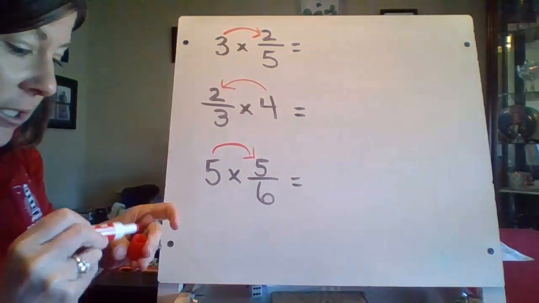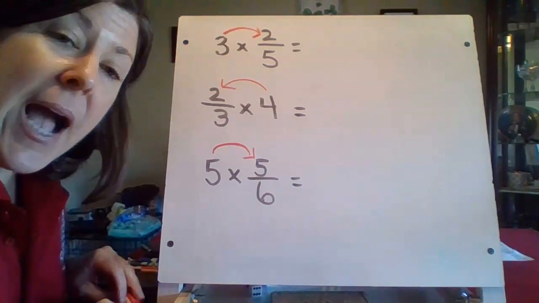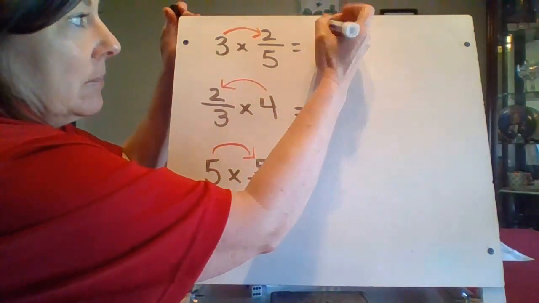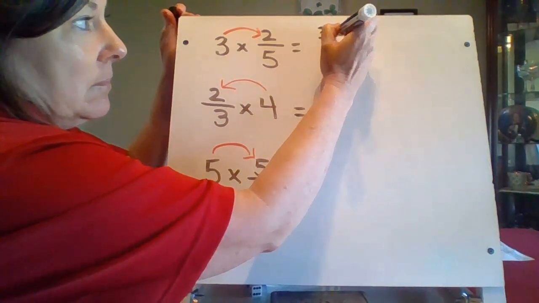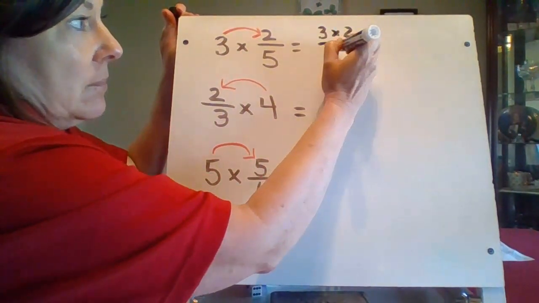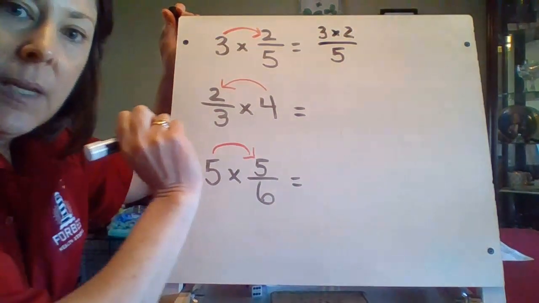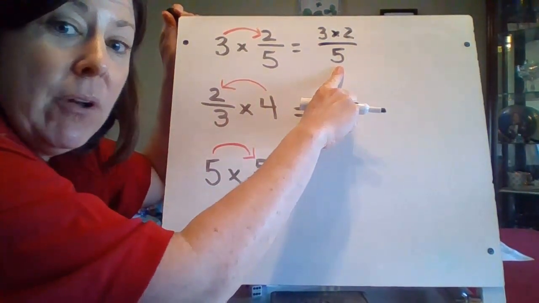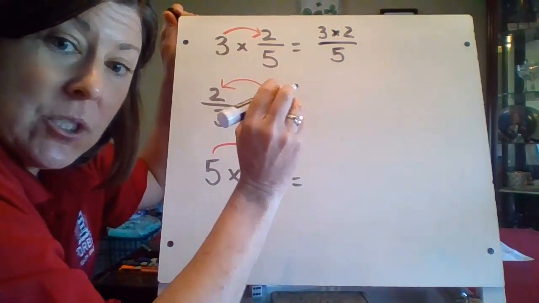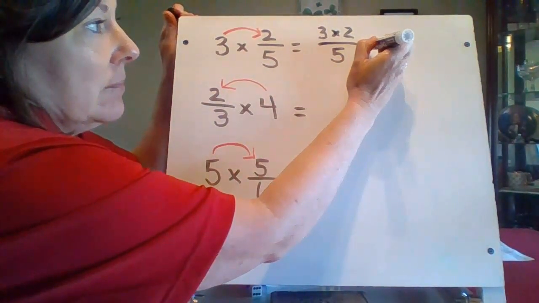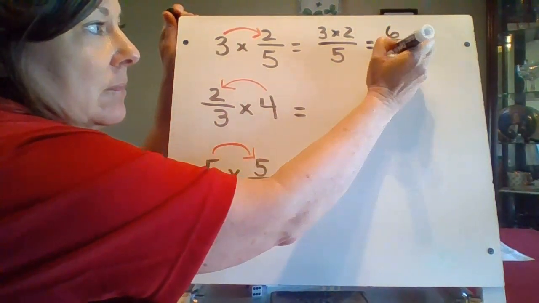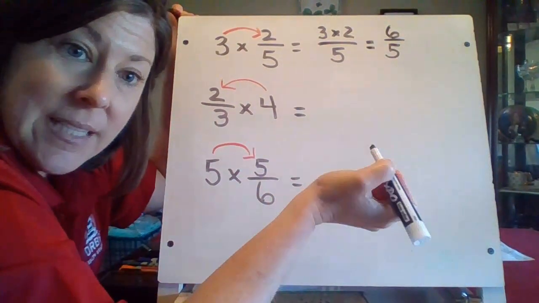So taking a look back at my first one, I have 3 times 2 fifths. Some of you may not need this middle step, but it is helpful. 3 times 2 fifths is 6 fifths.